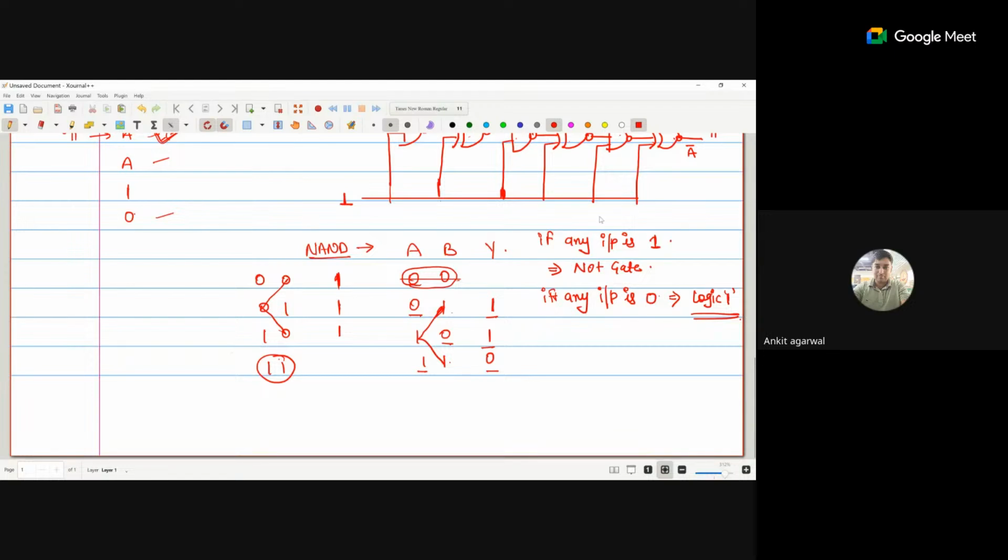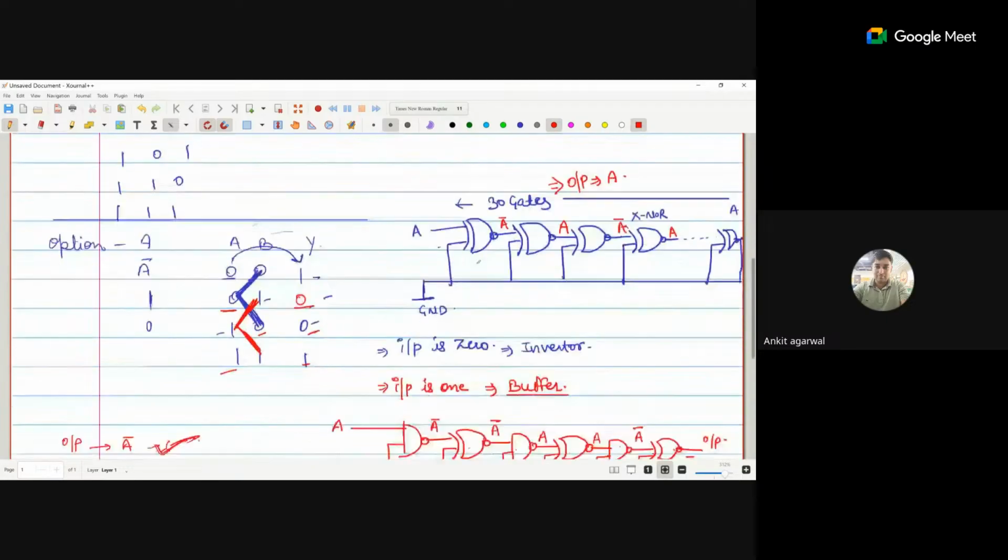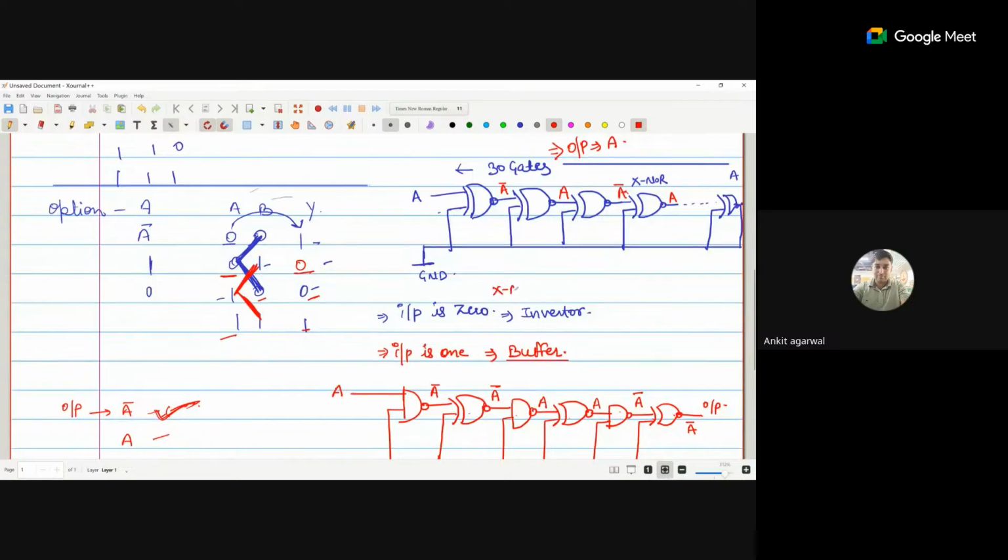That means every time we are getting a logic one, whether we apply the second input as 0 or 1, it doesn't matter. Okay, so this is for the NAND gate. This is for the XNOR gate.